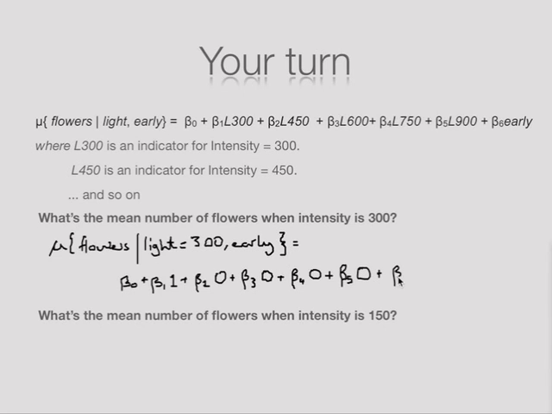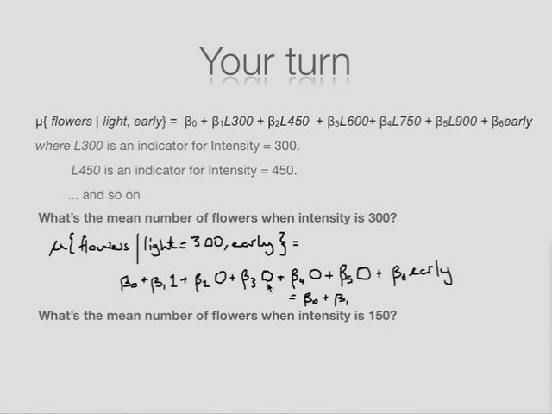And then we have beta 6 times the early indicator variable, and we're not told a specific value for that, so we'll leave it in the model as early. And then, of course, this simplifies down a little bit. We're going to have a beta 0 plus beta 1 times 1 is going to give us a beta 1. Beta 2 times 0 will be 0.